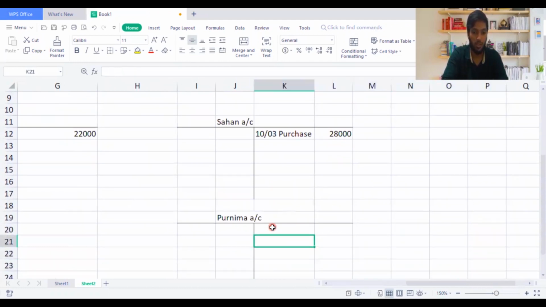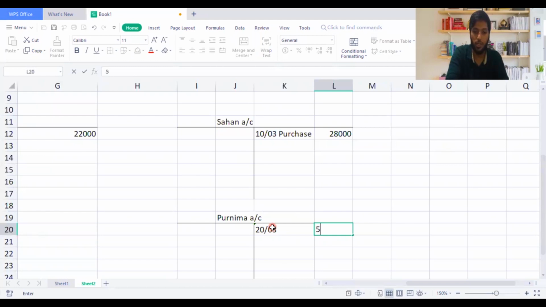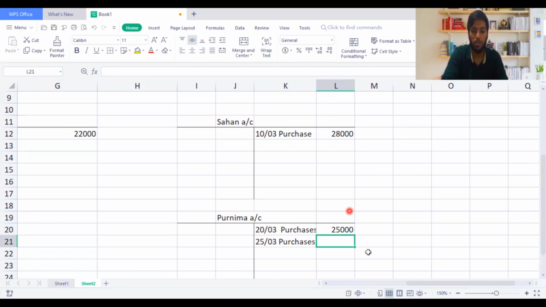So I'll write here 20th March, 26,000, and I'll write here purchases. And 25th March again purchases. Let me record the values correctly.